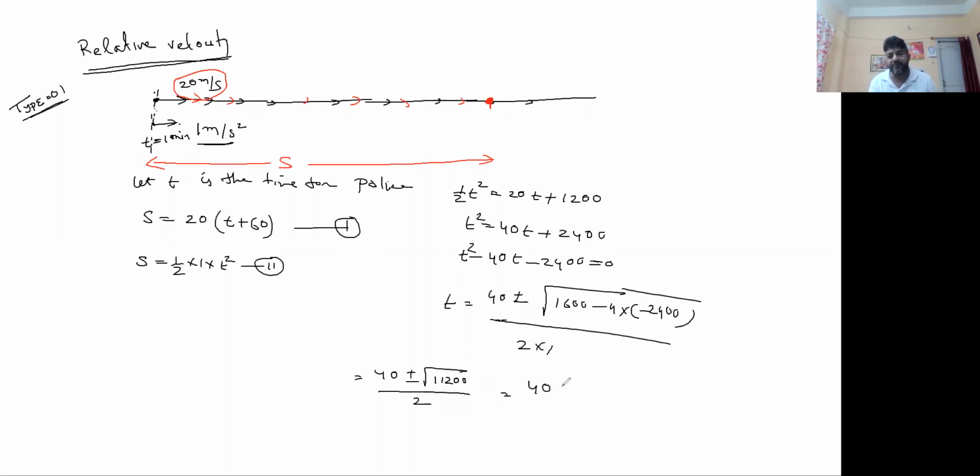Time is never negative, so 40 plus 105.83, if you take this as the root, by 2, which equals 72.93 seconds. When you get the time, the distance traveled is 20 into 72.93 plus 60, which is nearly equal to 2658.30 meters. Everyone, is it okay?